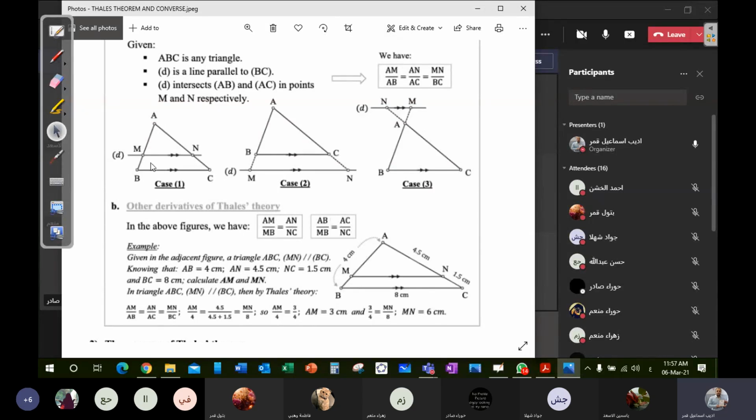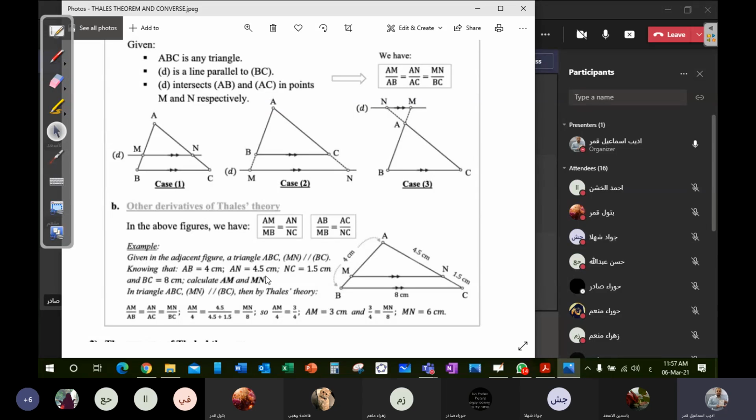And we may use other derivatives. We may say AM over AN equal AB over AC. We may say AM over AN equal MB over NC. These are the derivatives, and we did some examples about these derivatives.